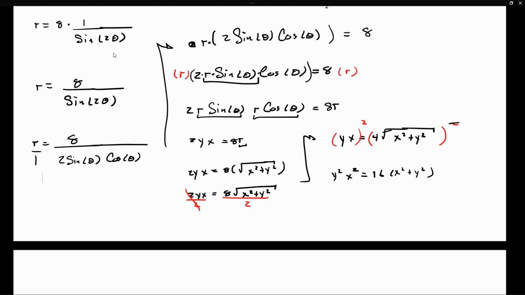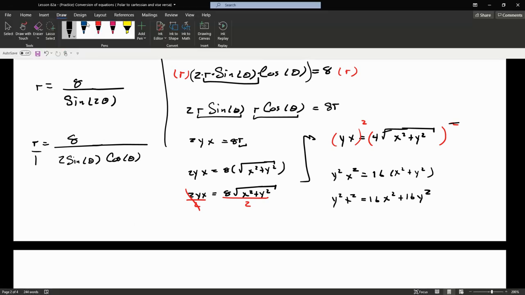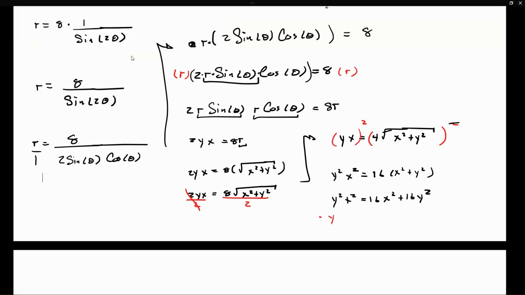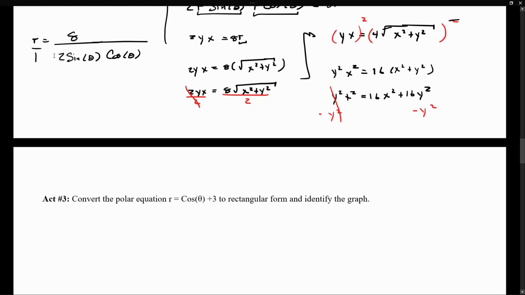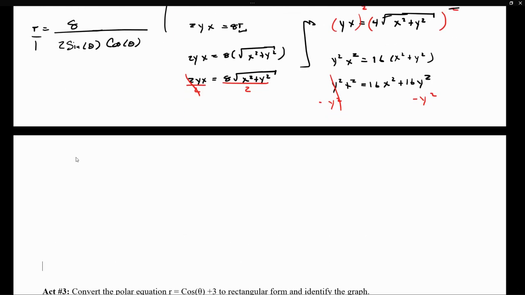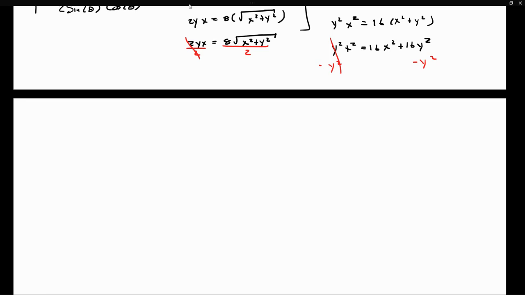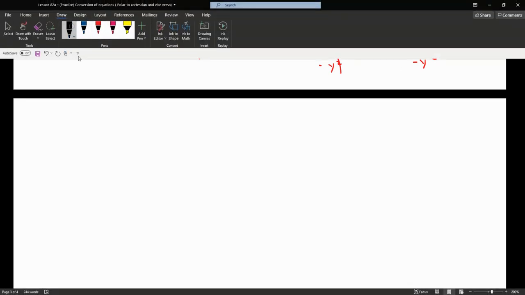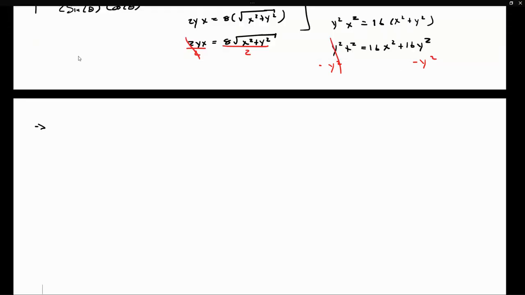So what do we have now? Let's rewrite this: y squared x squared equals 16x squared plus 16y squared. I want to get rid of this y to the second. Let's continue it down here. I think this example became a little more tedious than what I originally intended.